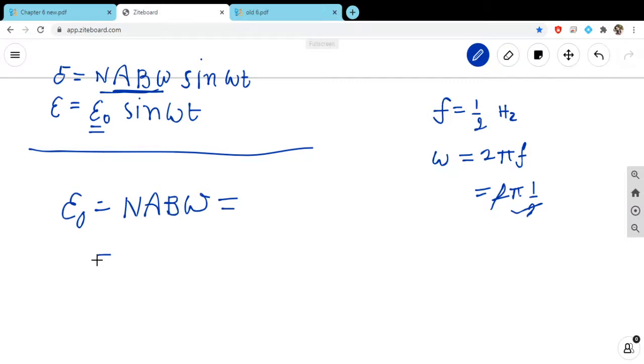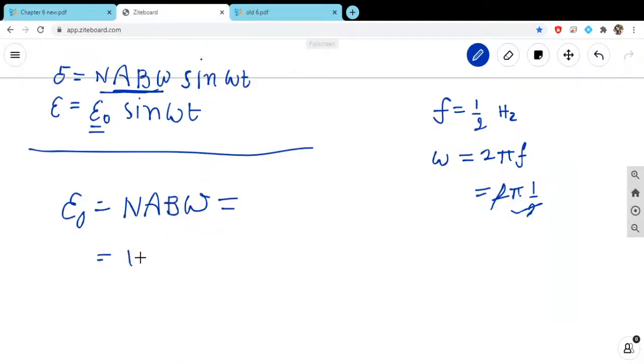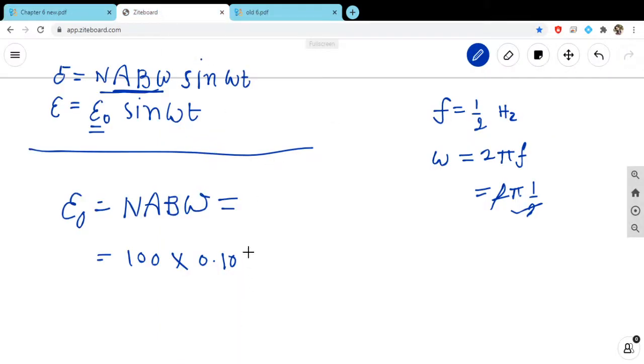Now just put the values: N, that is 100 turns, area 0.10 meter square, magnetic field 0.01 Tesla, and omega, that is pi radian per second.